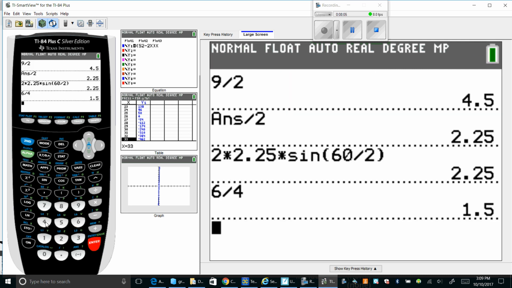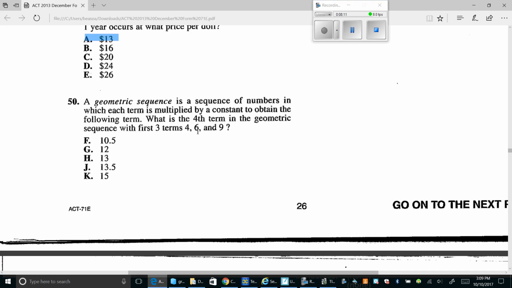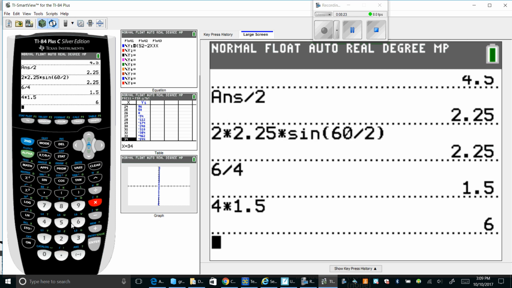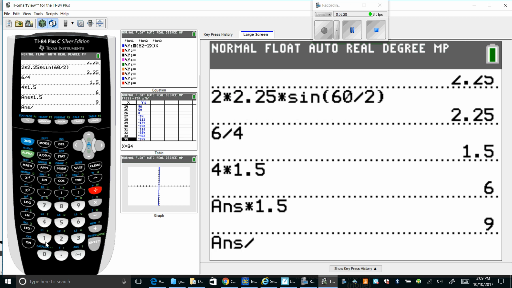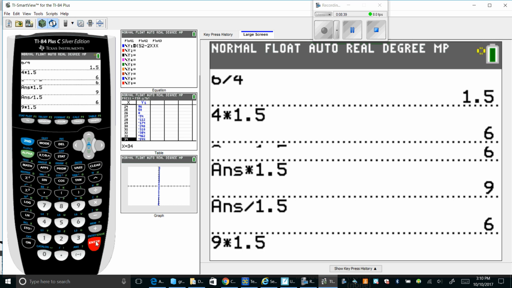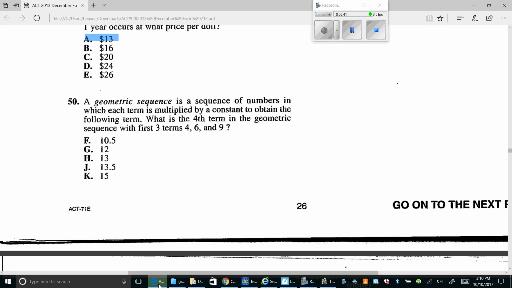So basically, if I keep multiplying by 1.5, 4 times 1.5 gives me 6. 6 times 1.5 gives me 9. 9 times 1.5 will give me my 4th term in this sequence. And I get 13.5, and that would be my answer.